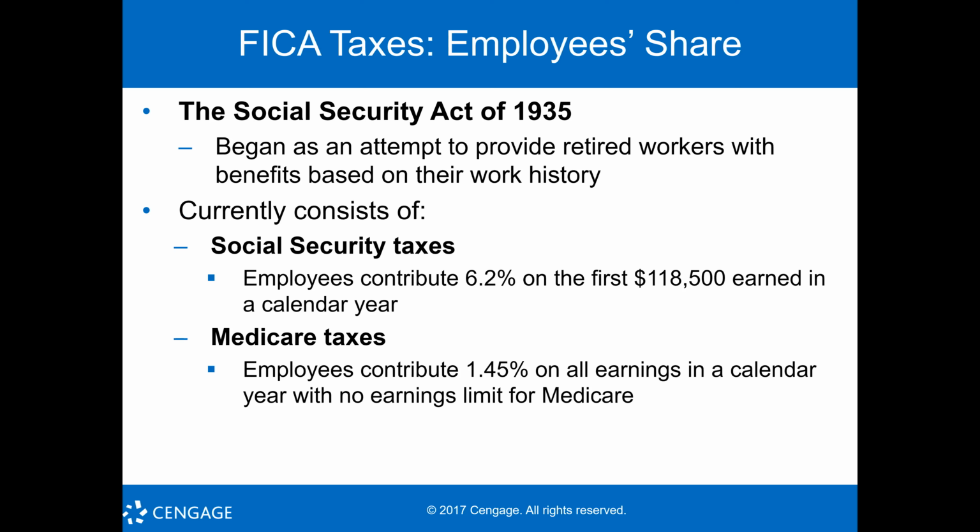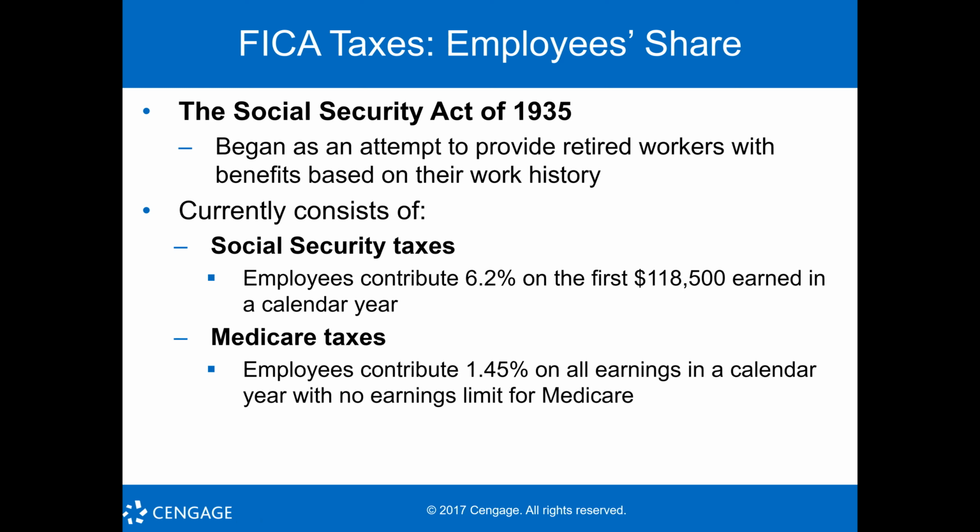But for Social Security taxes, you pay 6.2% up to a certain amount of earnings, right? And then Medicare taxes, 1.45%, are on all earnings. No earnings limit, just like it shows here, no earnings limit for Medicare.